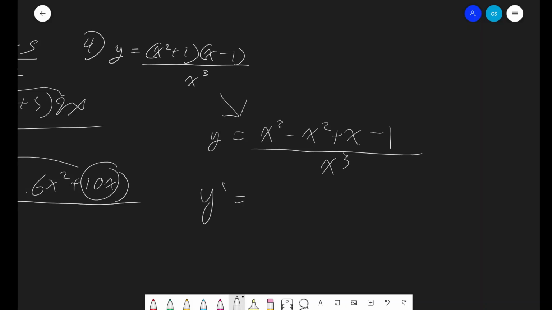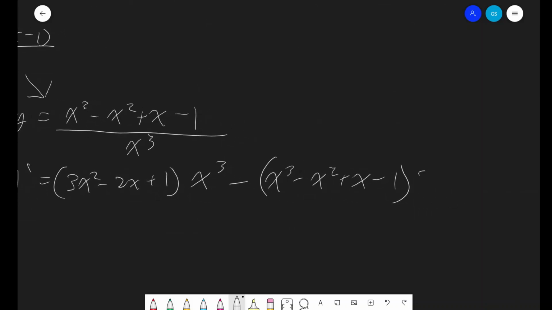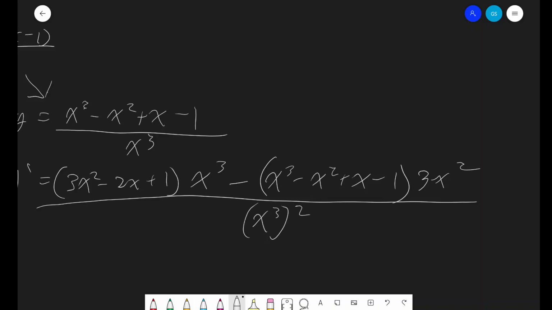Differentiating this, we get, I'm just going to get straight into it, 3x squared minus 2x plus 1 times x cubed minus x cubed minus x squared plus x minus 1. Differentiating, x cubed becomes 3x squared, all over x cubed being squared.